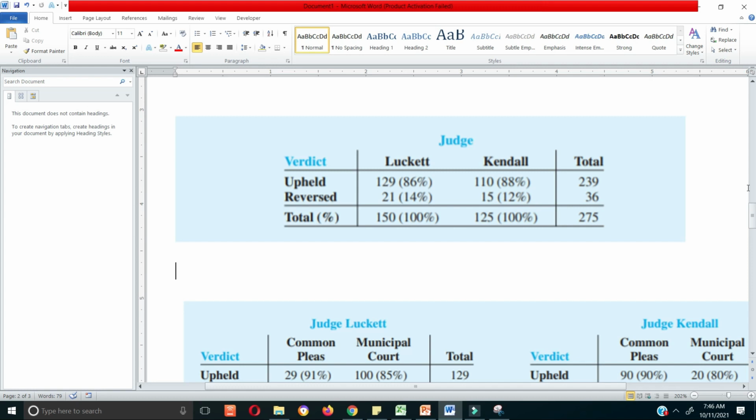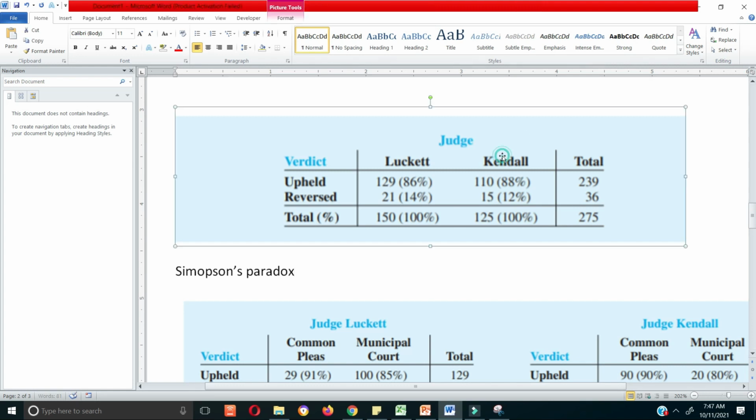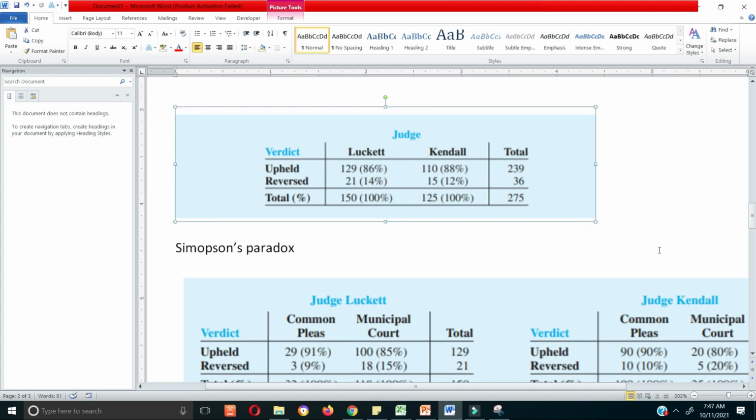So sometimes this suffers from what you call Simpson's paradox. If you look at a cross-tabulation like this one, for instance here we have Judge Luckett and Judge Kendall.